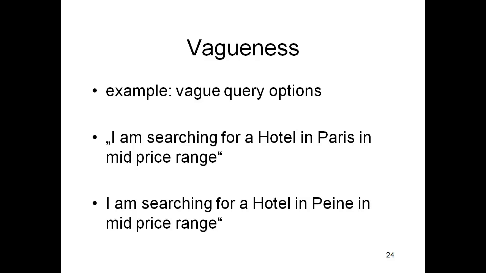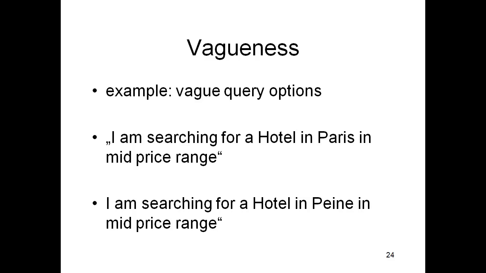Now, what does mid-price range mean? It's typical of something that we use in natural language, right? So, I bought an expensive car, or I bought a cheap car, or I bought a more or less expensive car. Well, we can easily communicate. We know more or less what the person is talking about, or we think we know, but we don't have to really state exact numbers.